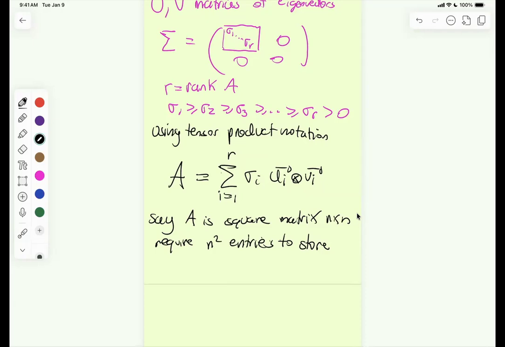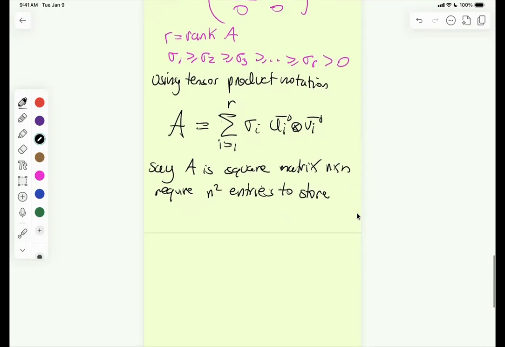So from the SVD perspective, if it's all square matrices, these vectors will have n entries, so there are n sums.